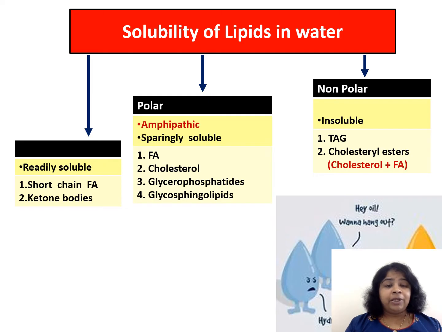Those which are readily soluble are mainly ketone bodies and short chain fatty acids. Next we have the amphipathic lipids, that is the phospholipids. These are amphipathic, that means both hydrophilic and hydrophobic components are present.